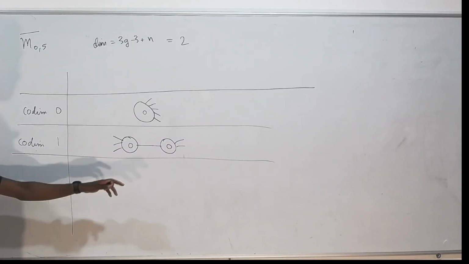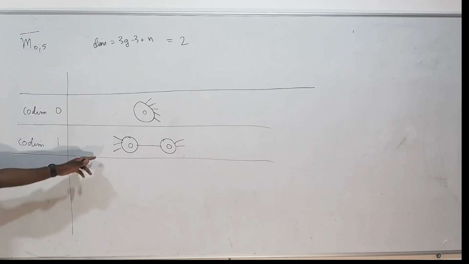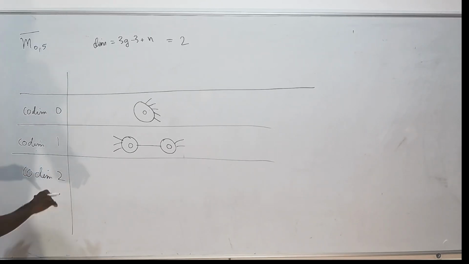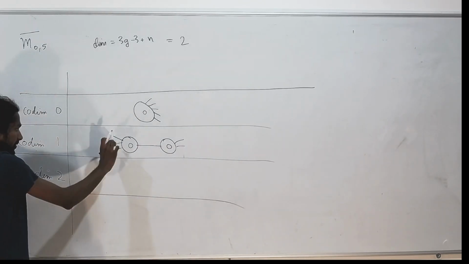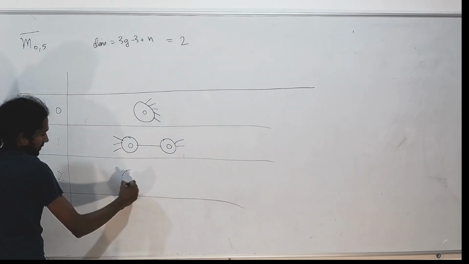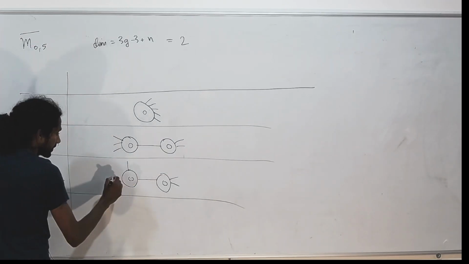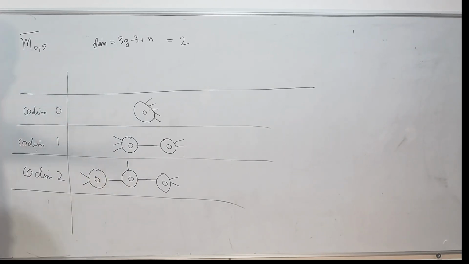Now you can do the same thing again for this component, which has 3. So go down again to codimension 2, and that's the end, since my dimension is just 2. You take 2 of these to each other, and then they leave as well. That's it.